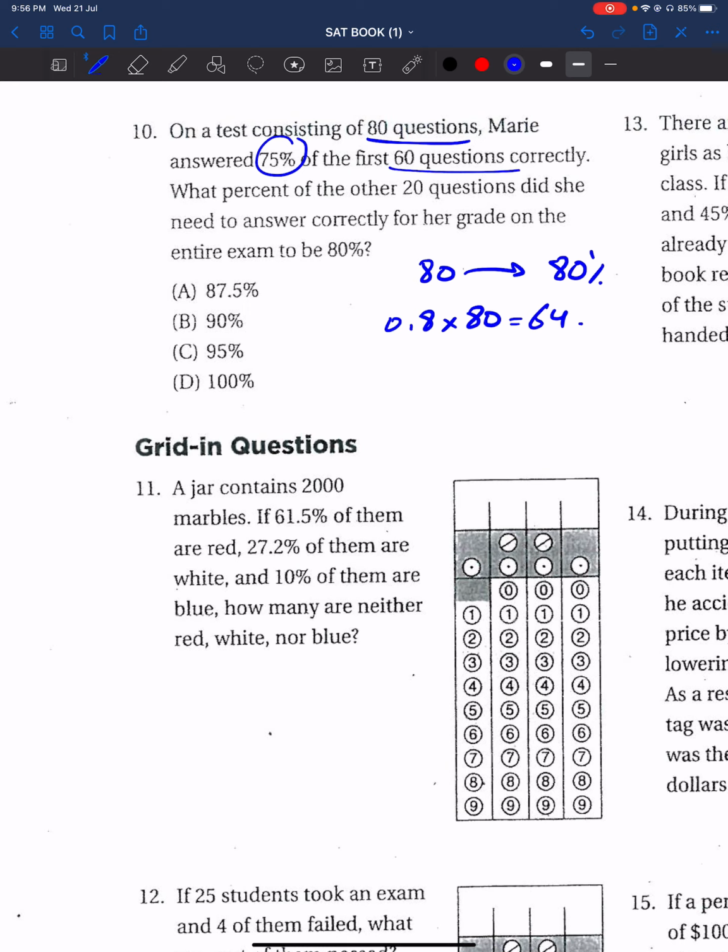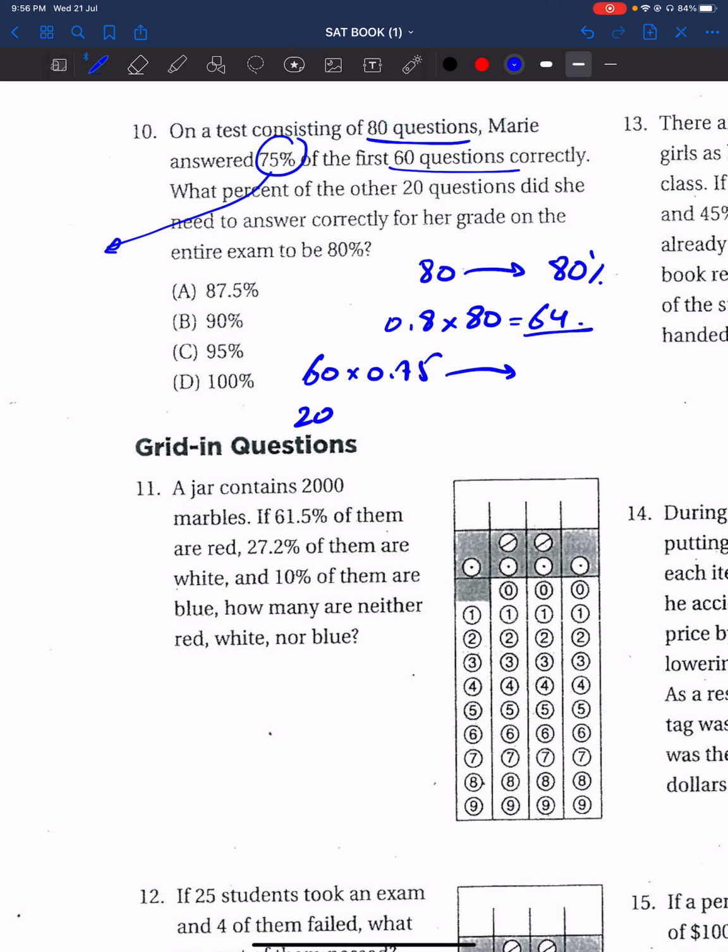Now, of the first 60 questions, she answered 75% of the questions correctly. So 60 multiplied by 0.75 would give you the number of correct answers on the first 60. And you'll be left with 20 questions, and you need to know how many questions on the last 20 she should answer correctly to be 64 questions correct.